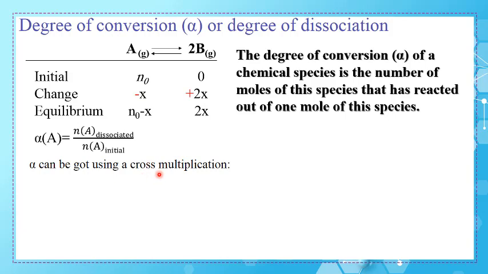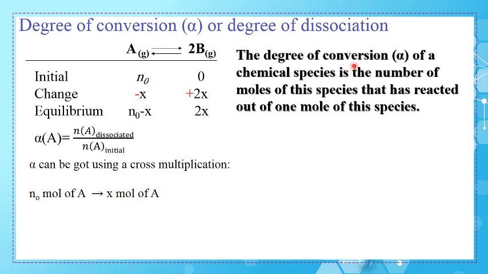You can't use this method in exams or quizzes, but this is the simplest idea to explain how we get the formula of alpha. Look, initially we had N0 mole of A. This is the number of moles given of A. Out of N0, how much has been converted or reacted? Actually, it's X. It means X has been converted out of N0.